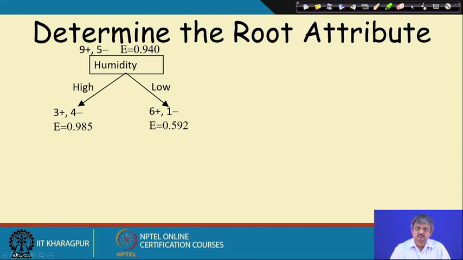Okay. So, if we split along that and using these values of n plus and n minus, if we compute the entropy, these are the values we get.